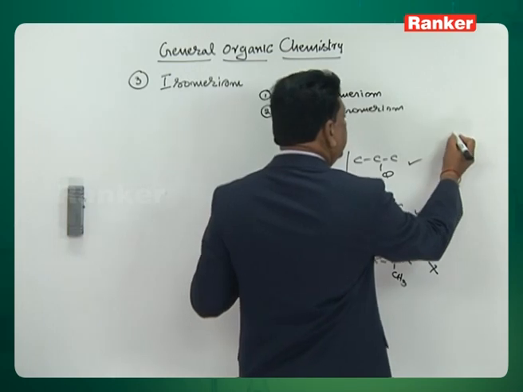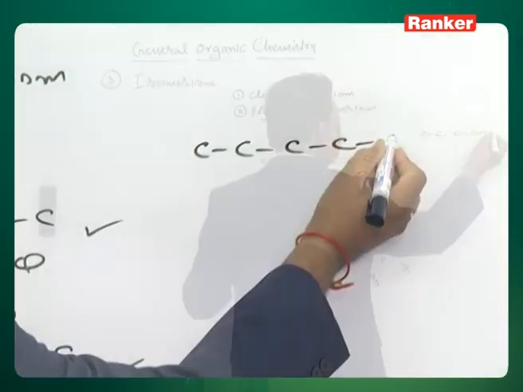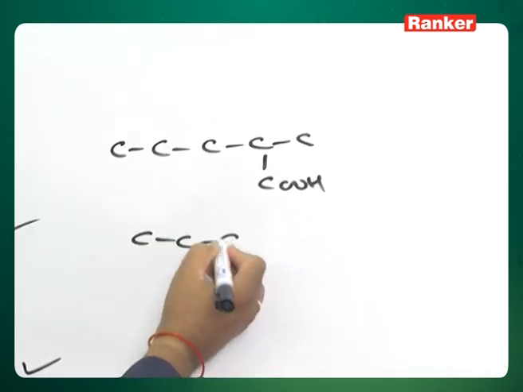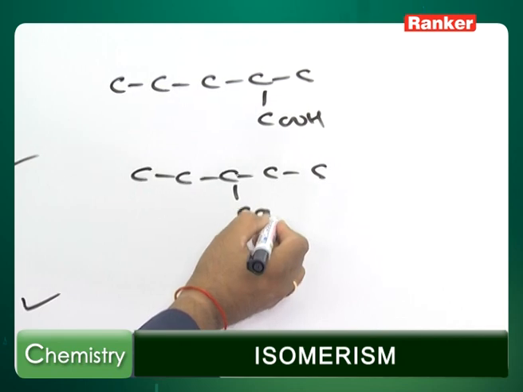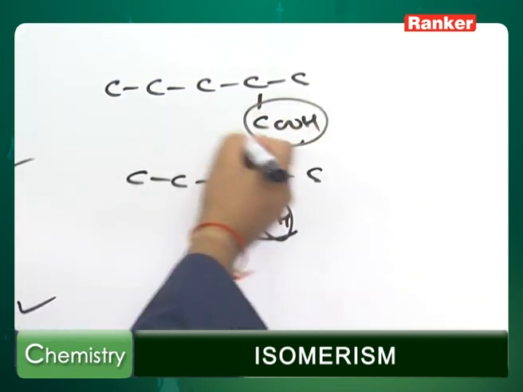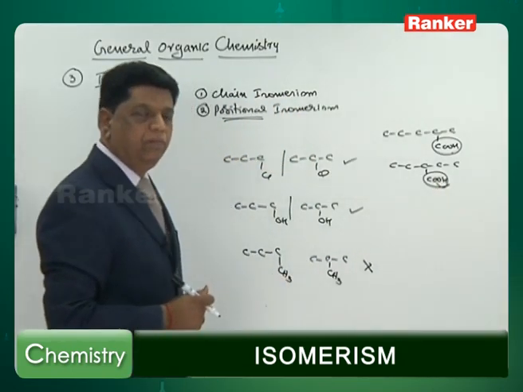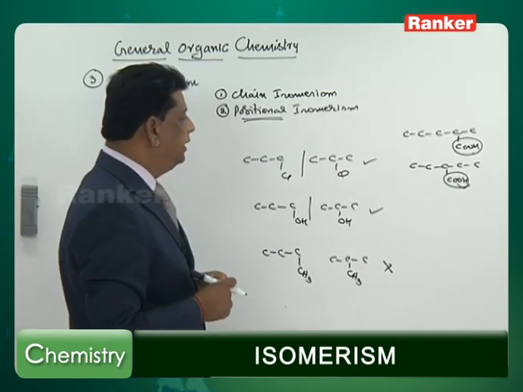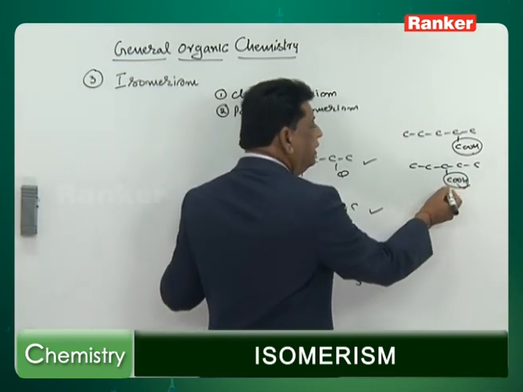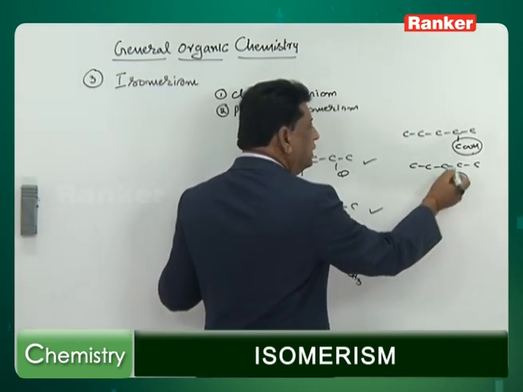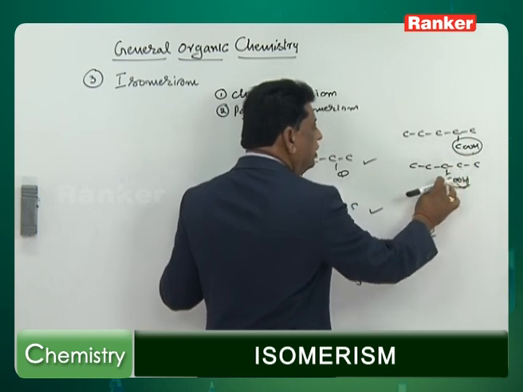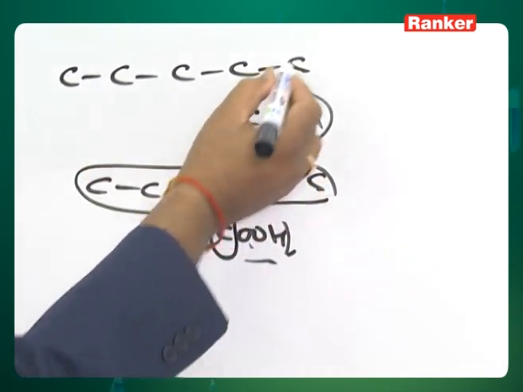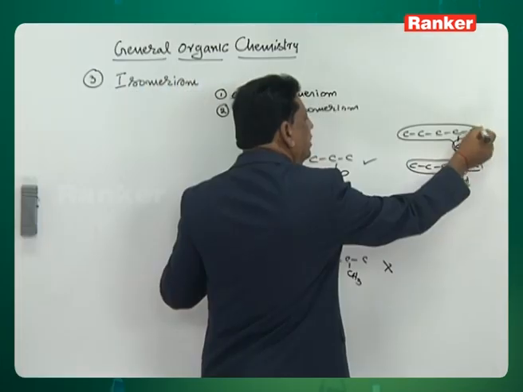Similarly, take a straight chain with COOH on the second carbon and COOH on the third carbon. If I say the functional group is COOH and I am changing its position, you may take this as positional isomerism, but really speaking, this carbon is also skeleton. It is not the total functional group. The carbon is also skeleton, so the skeleton is different.